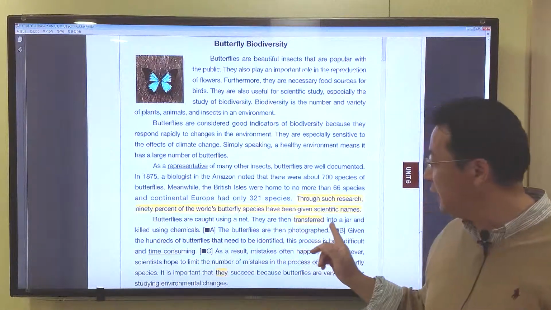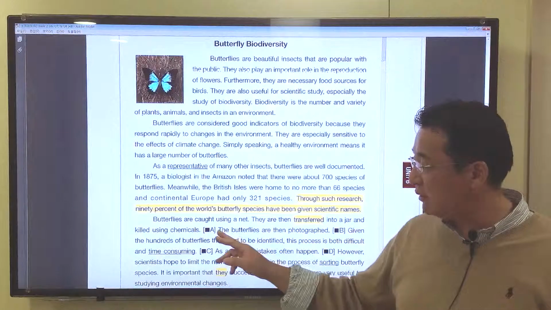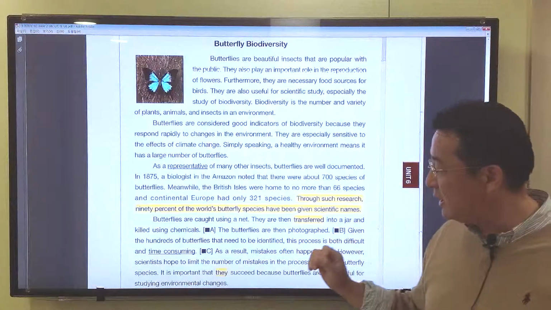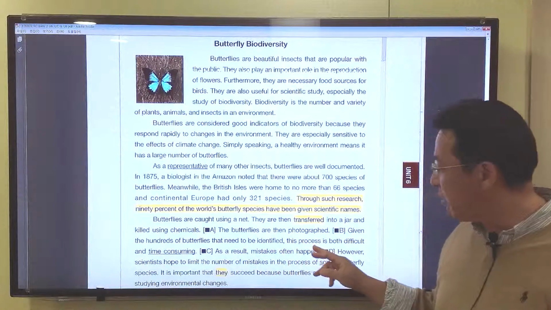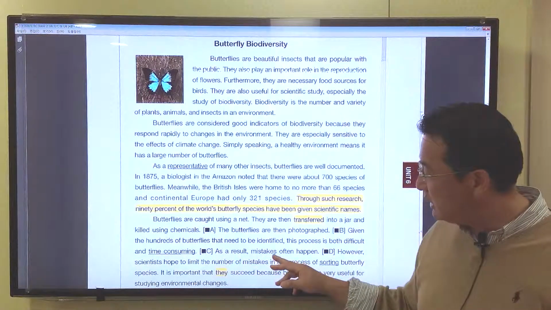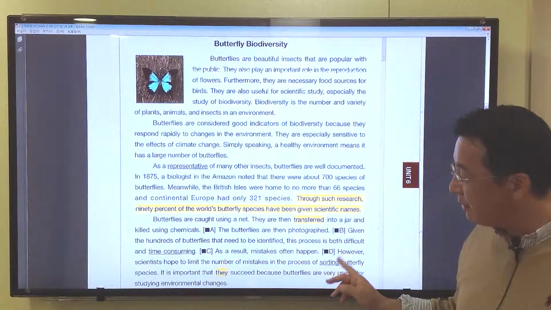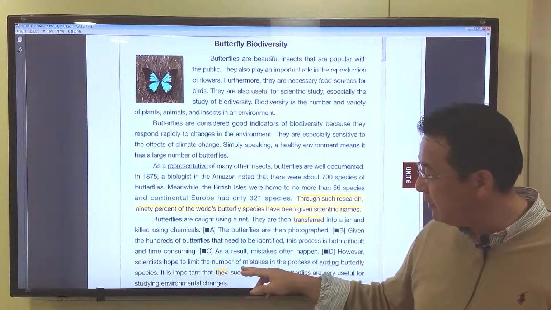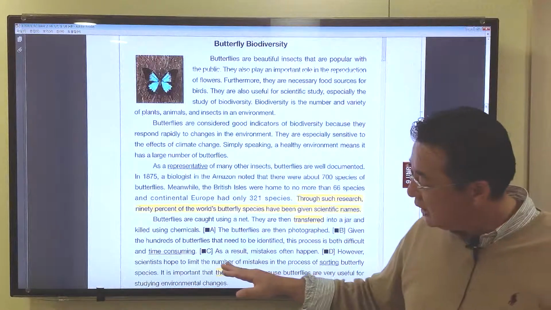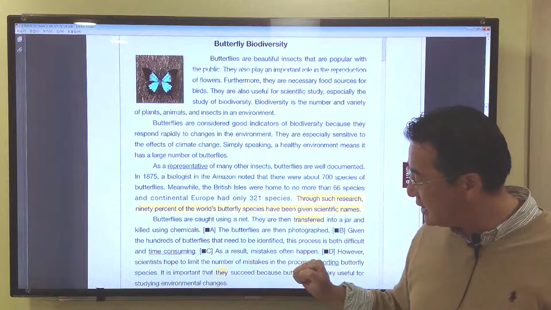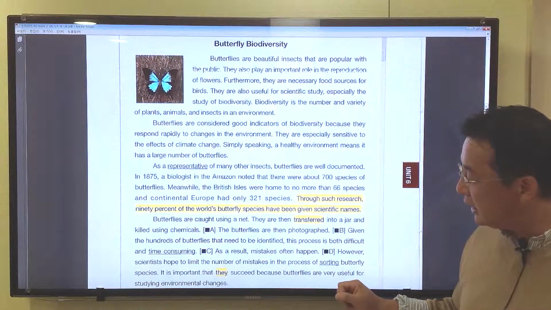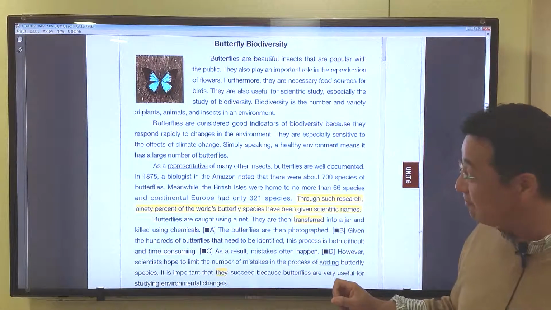They are then transferred into a jar and killed using chemicals. The butterflies are then photographed. Given the hundreds of butterflies that need to be identified, this process is both difficult and time-consuming. As a result, mistakes often happen. However, scientists hope to limit the number of mistakes in the process of sorting butterfly species. It is important that they succeed because butterflies are very useful for studying environmental changes.